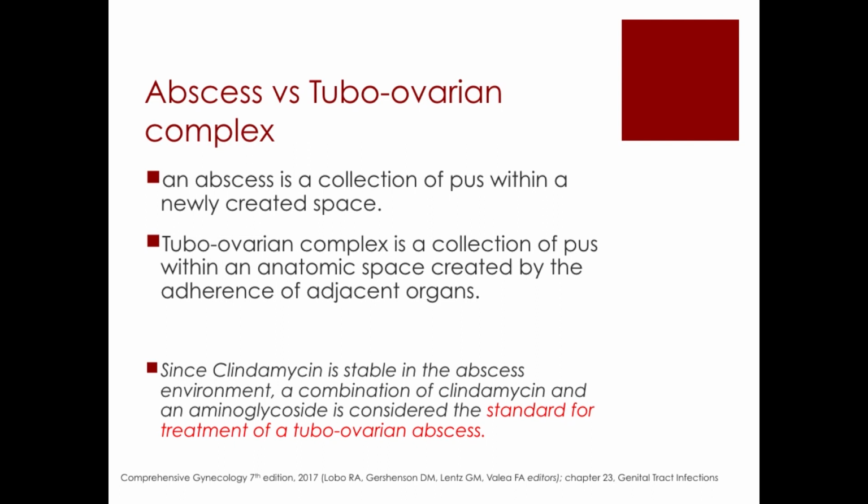So for example, if you have a collection of pus in the space that's created by the adhesion between the uterus and the ovary and the fallopian tubes, then that's what you call a tubo-ovarian complex, because complex means that there is the involvement of more than one structure.